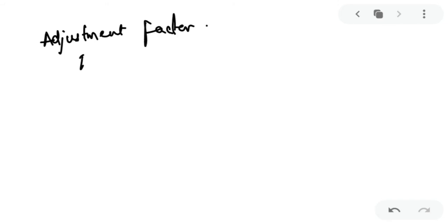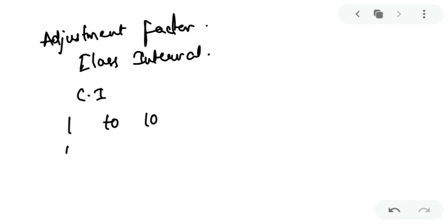My dear kids, next I am talking about the adjustment factor which we make in our class interval. If I give you a class interval from 1 to 10 and 10 to 20, that is a continuous class interval.